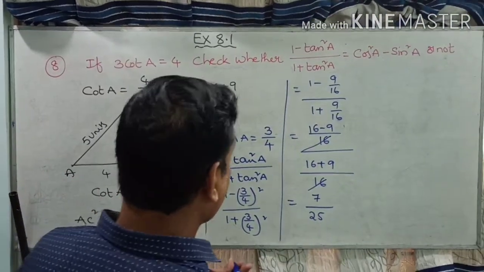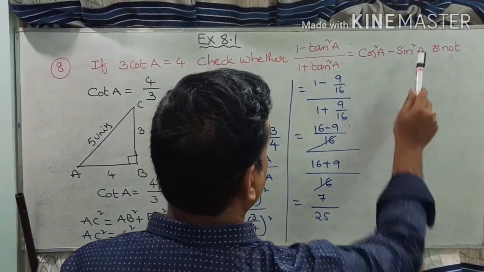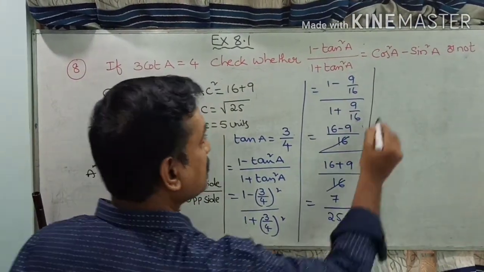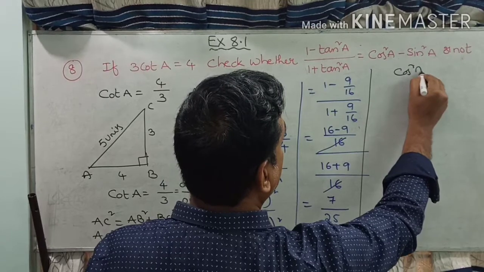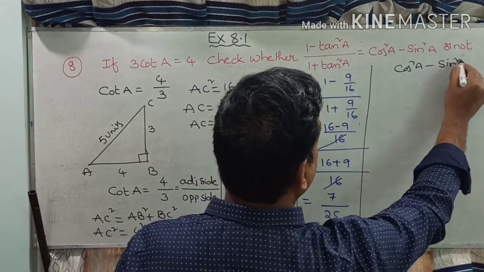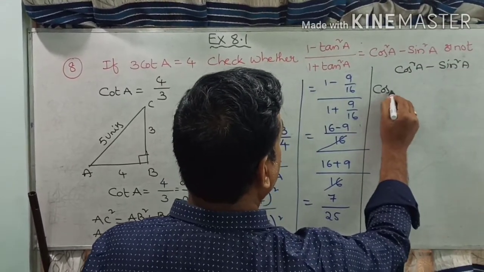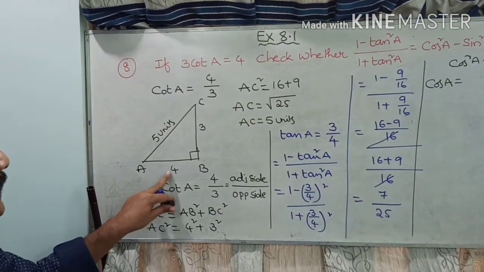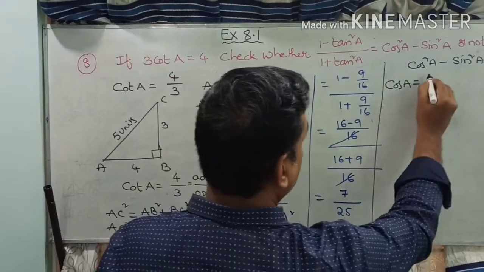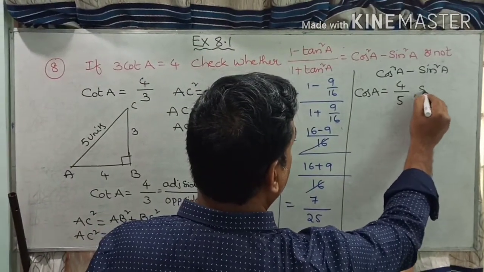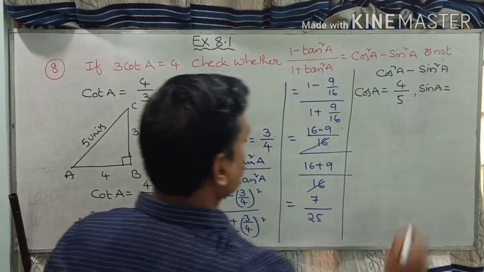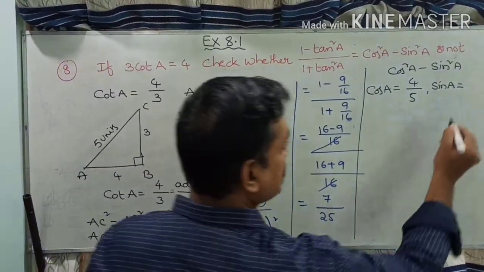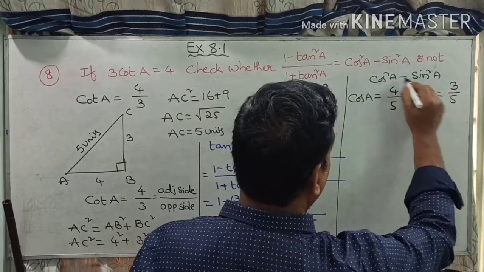Next, they ask you to find the value of cos square A minus sin square A. First write the value of cos A. Cos A is adjacent side by hypotenuse, 4 by 5, and sin A equals opposite side by hypotenuse, that is 3 by 5.